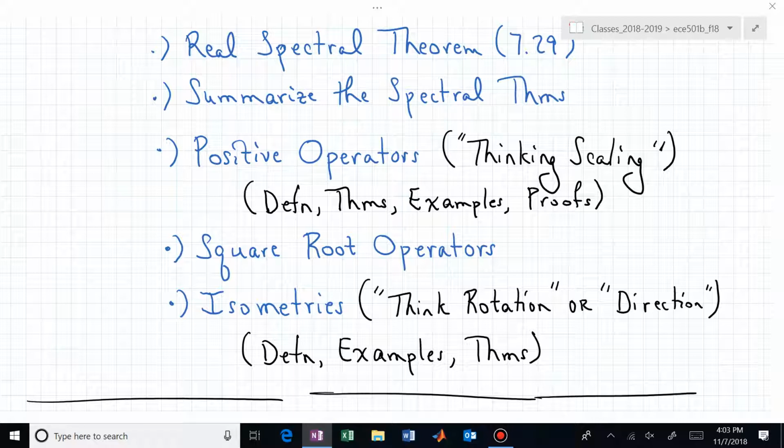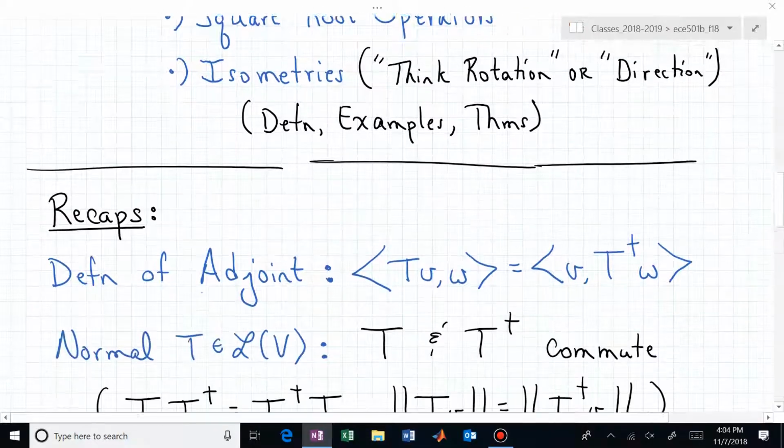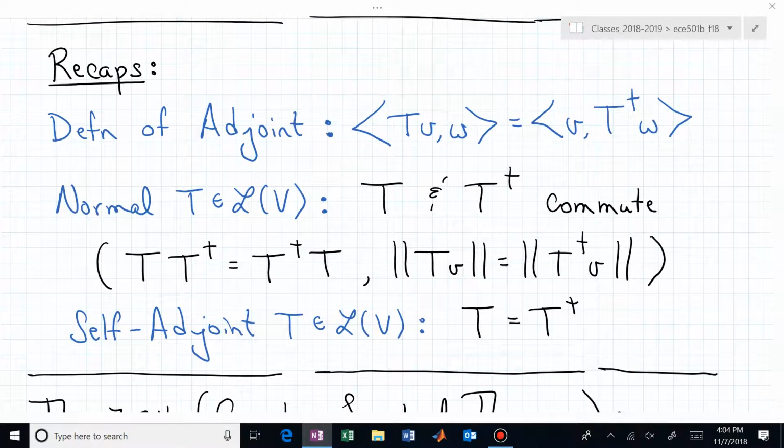And now if we can rotate and expand or rotate and contract, we should be able to get anywhere we want with an operator, and that's what we're trying to come up with: how do we scale and direct, or scale and rotate, or how do we represent or decompose operators or maps into those operations and go from there. So that's what we're hoping to be able to accomplish.